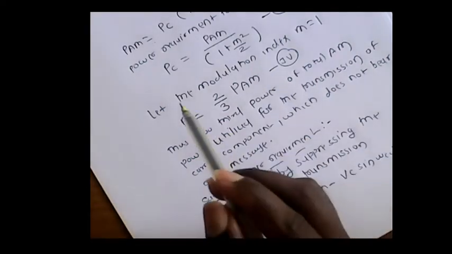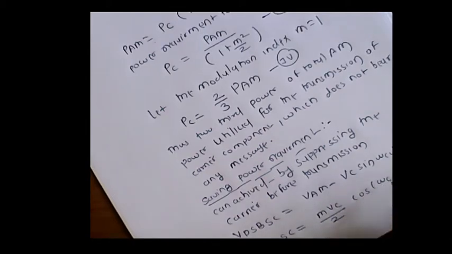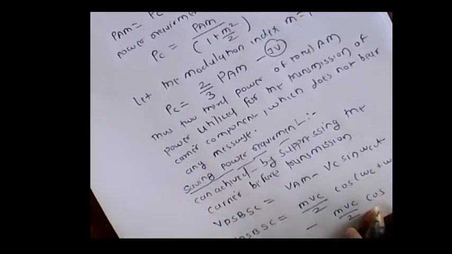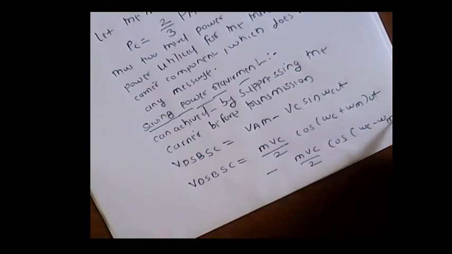So from equation 1 we can put the value of V_AM. So we get the instantaneous value of double sideband suppressed carrier: m Vc divided by 2 cos (omega_c - omega_m)t minus m Vc divided by 2 cos (omega_c + omega_m)t.